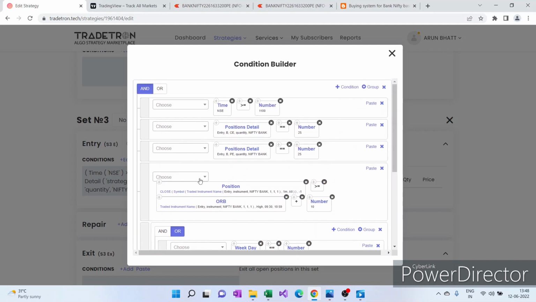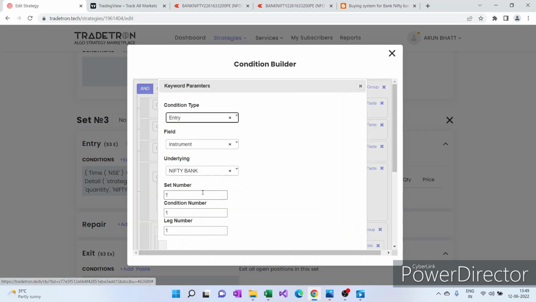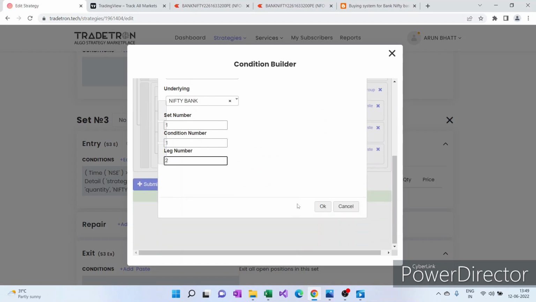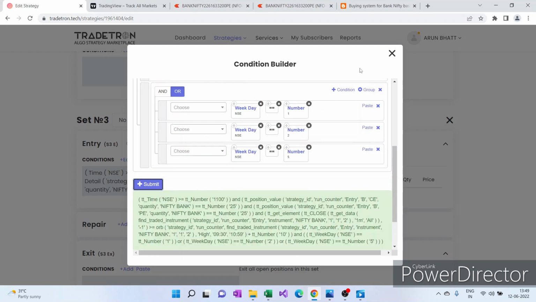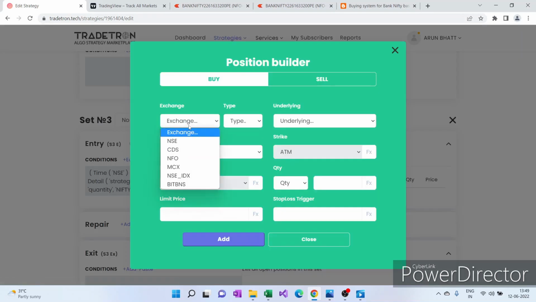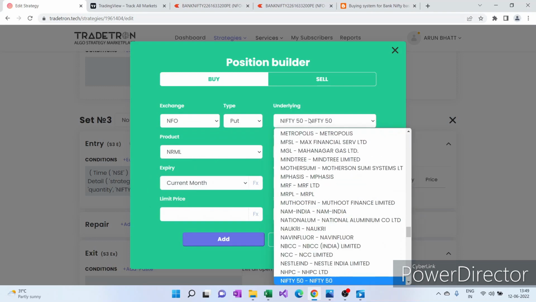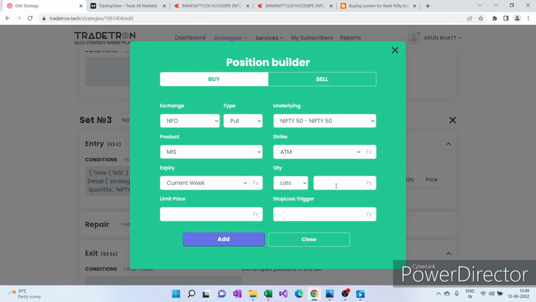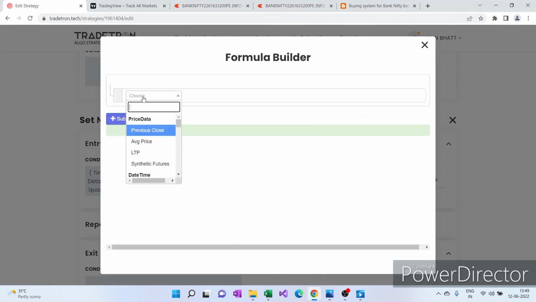So here the only change in set 3 will be because we are buying the P, so we'll be referring to the P leg. In the first set the P leg was 2, so the leg number 2 here for the position as well as for the ORB check. So now it will be checking for the P, and we can just buy the P with the strike price which we bought in the first set, second leg.